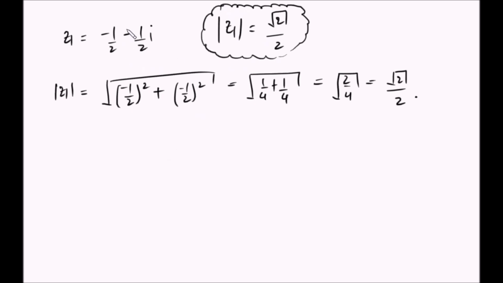To find the argument, it's very wise that you plot this complex number in the Argand diagram. So let's say this is an imaginary axis, and then this is a real axis.